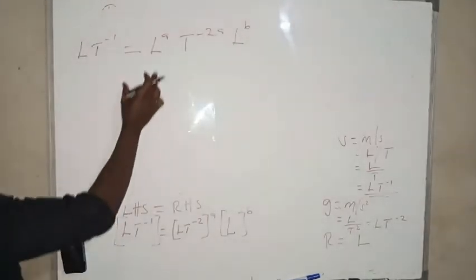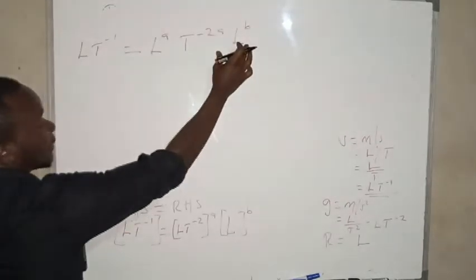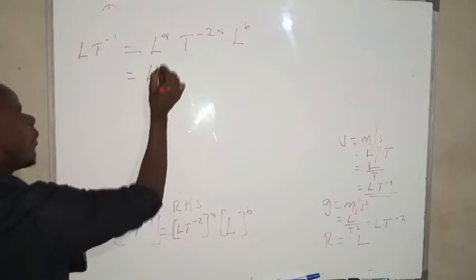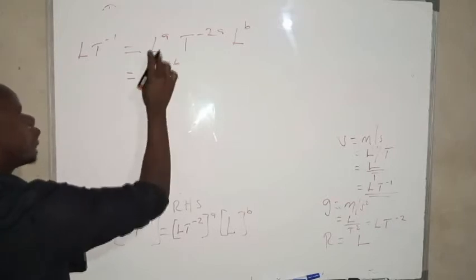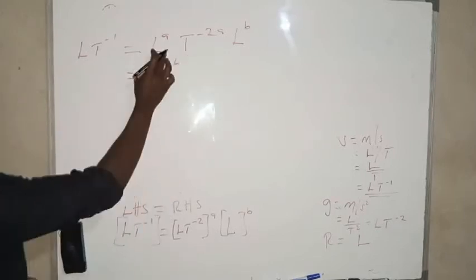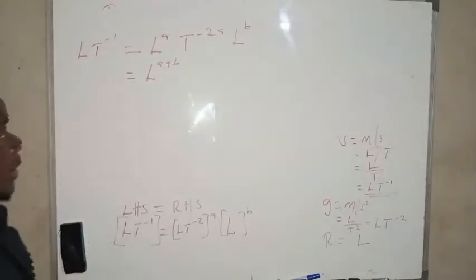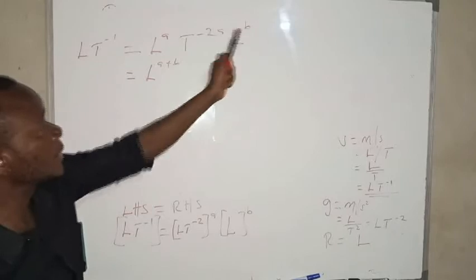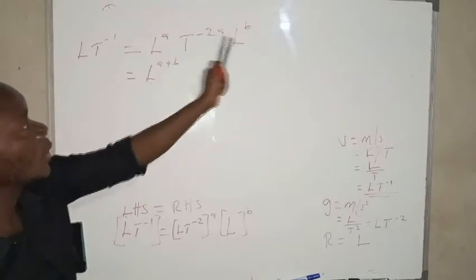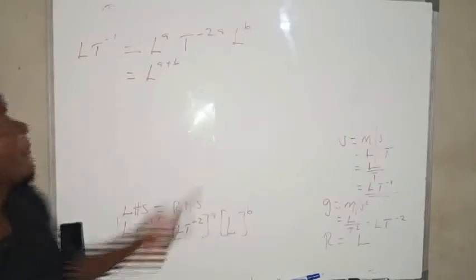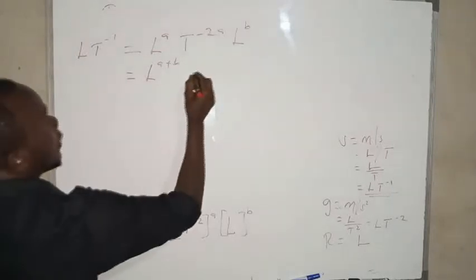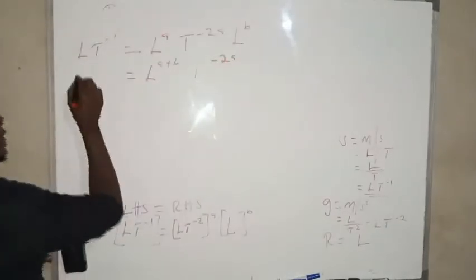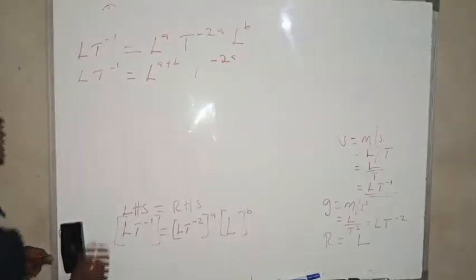Since the base is the same, this can be written as L to the power A plus B. When multiplying the same base, we simply add the powers. So A plus B, since we are multiplying L times L, and we have T negative 2A. This must equal L T negative 1.